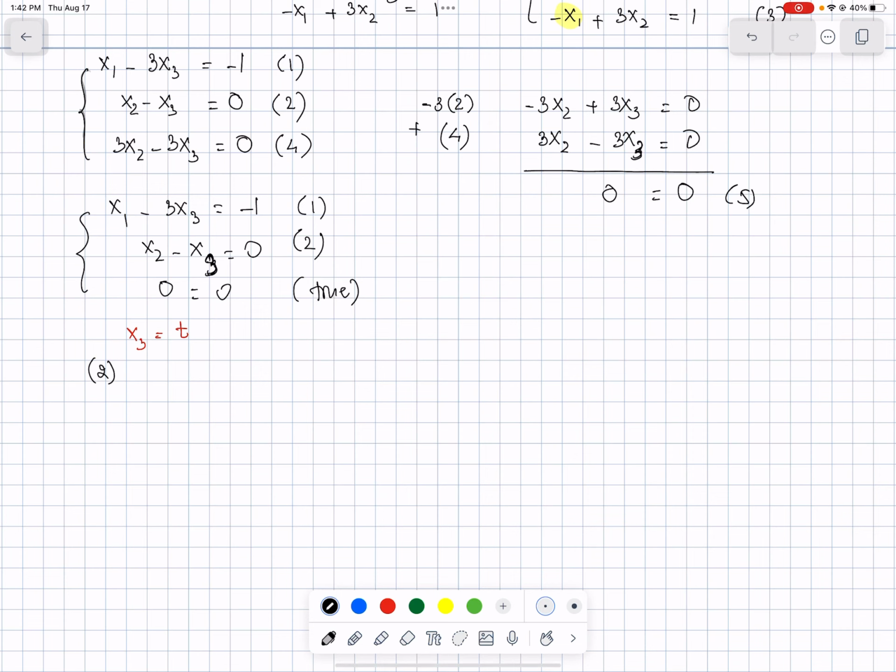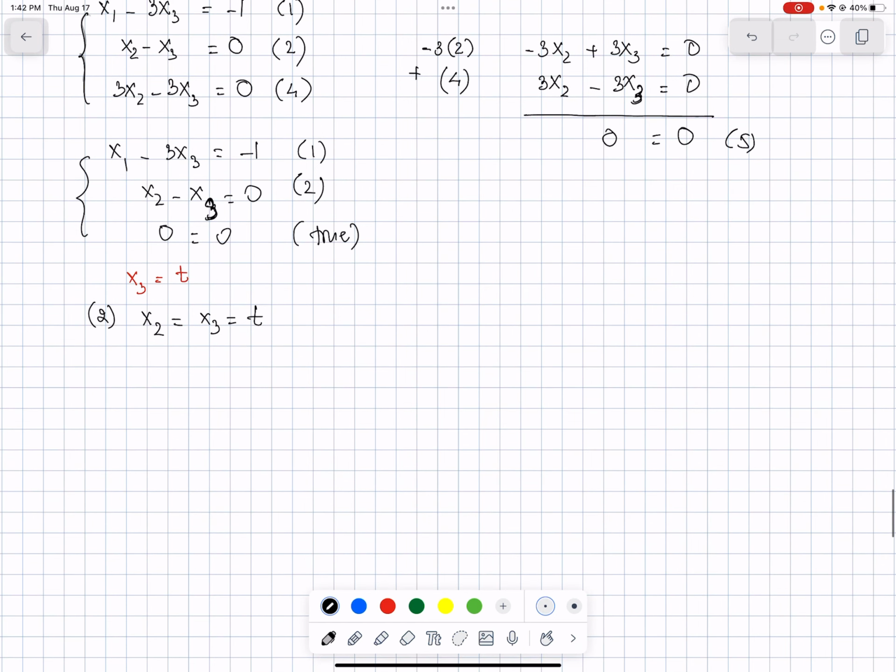From the second equation, x2 becomes equal to x3, and this becomes t. Okay, and then we use the first one, x1 minus 3t equals negative 1. So x1 is 3t minus 1.